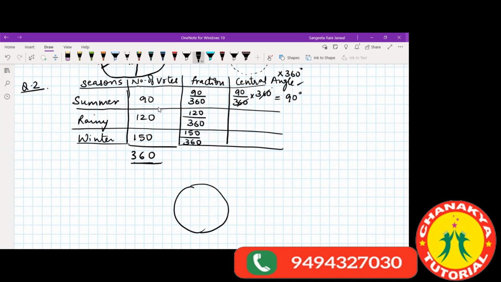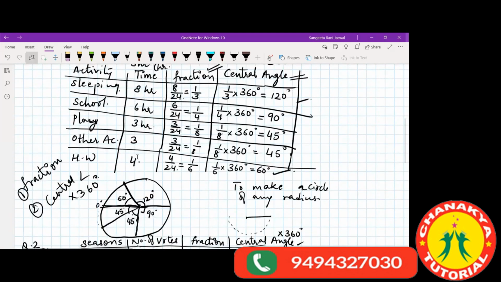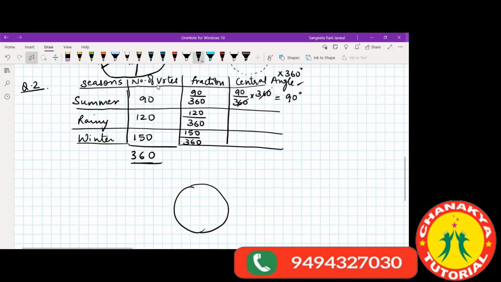This 360 is something else and this 360 is something else. So it is just a coincidence in this equation that both numbers are same. Otherwise, they are not always same. Like we have seen in the first question, it was different. It's just a coincidence in this question that both numbers are same.